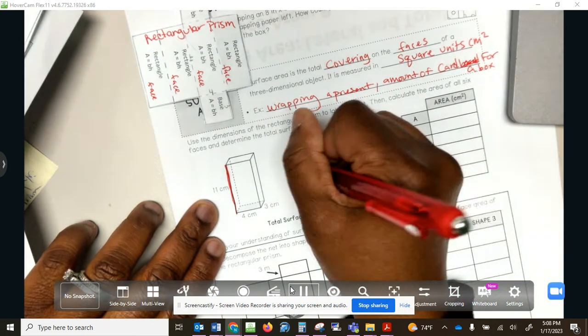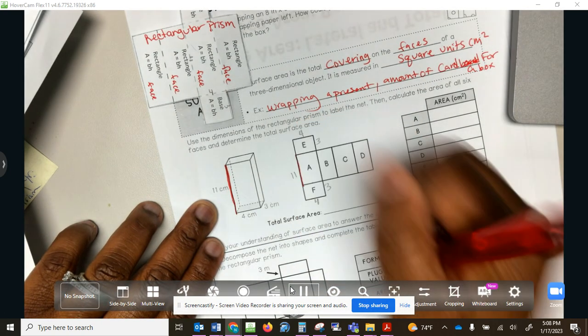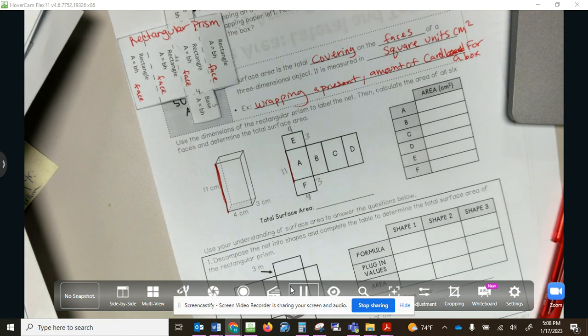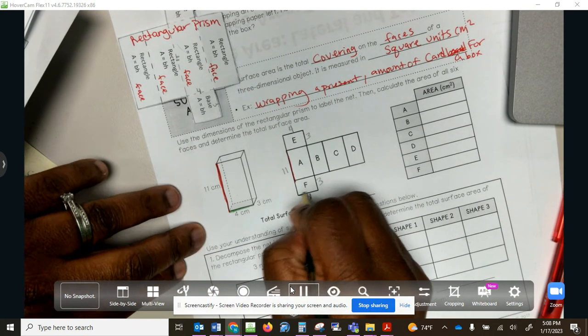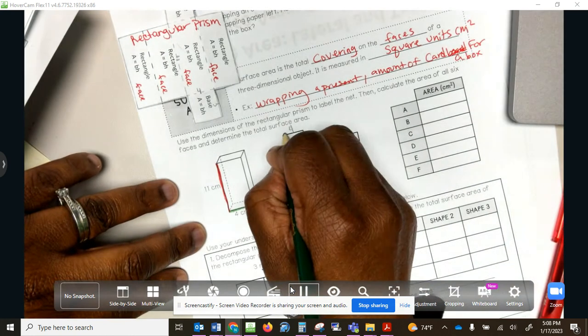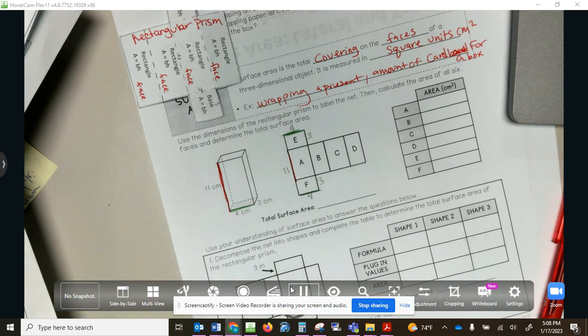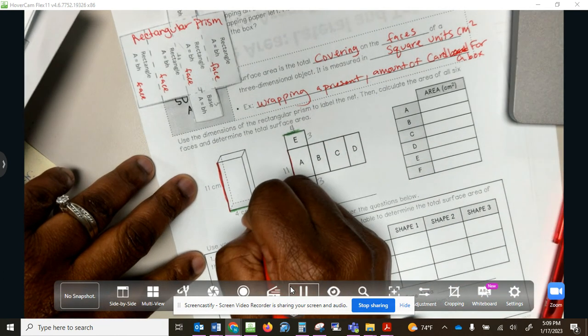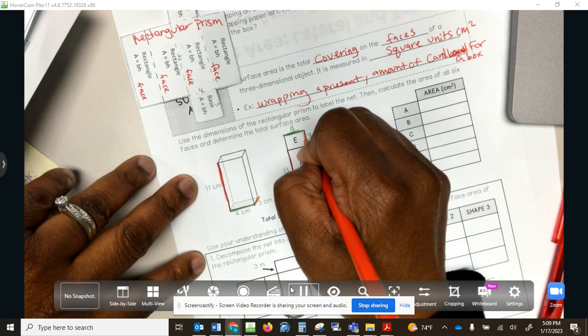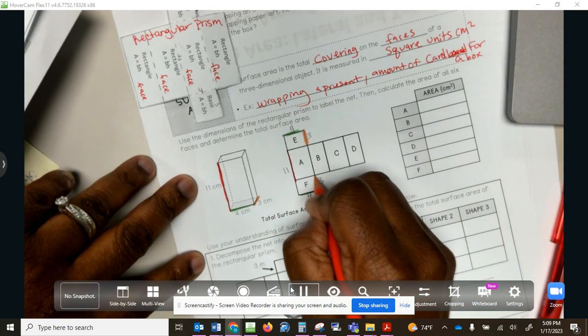My 11 is there. So right here should be 11. My 4 is there. So on my base, my 4 should be represented there. And then my 3 is here. So on my base, my 3 should be here.